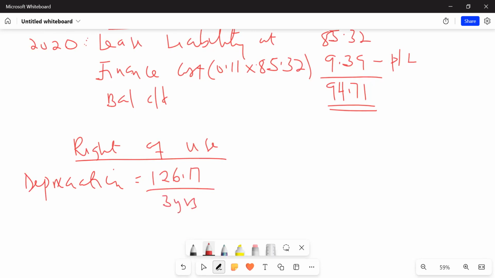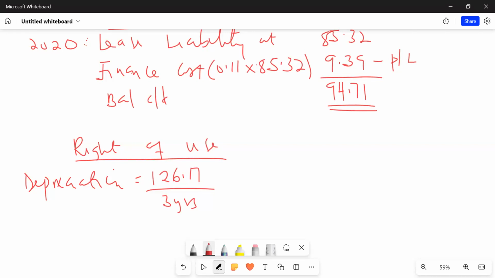Okay. Last time I was saying that the lessee has a right to choose either the cost model or the revaluation model for the right of use. They can carry the right of use, which is an asset, using the revaluation model in accordance with IAS 16, or they can use the cost model. But mostly we use the cost model.